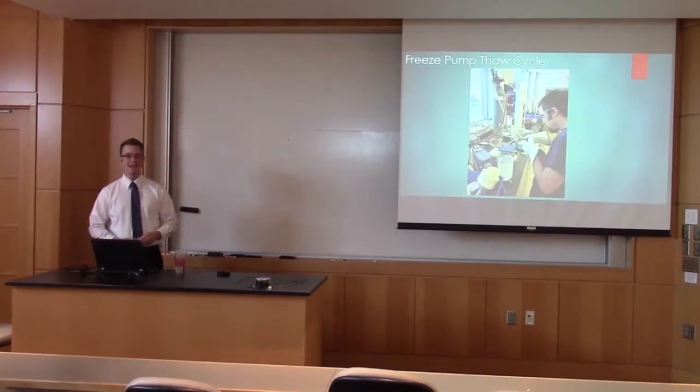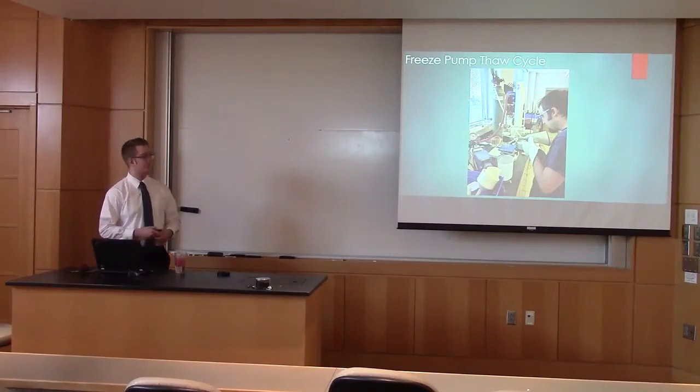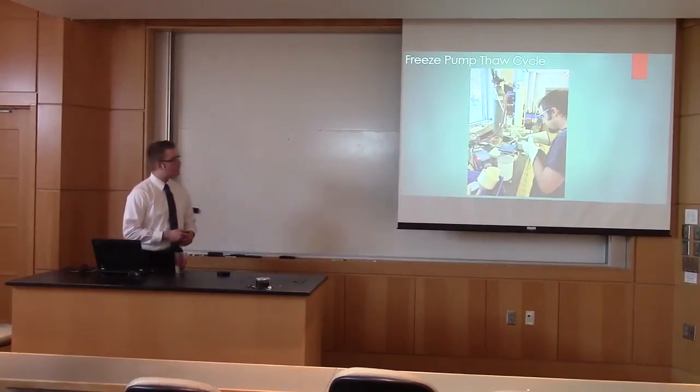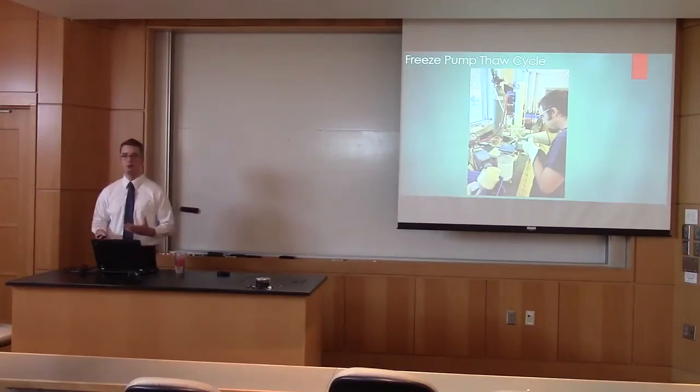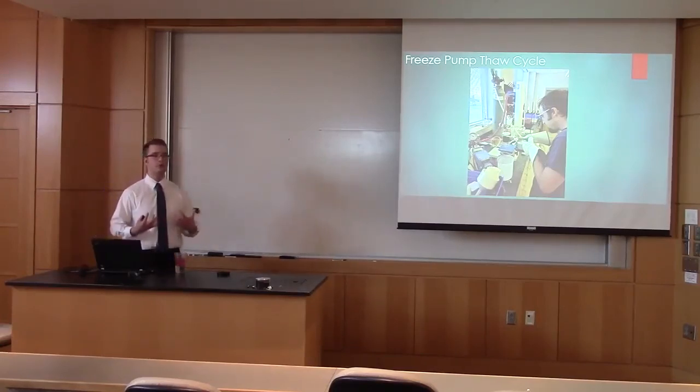Okay, so we have here a freeze pump thaw cycle. This is a step in performing it, right here in the picture. It's kind of hard to see, but we have a tiny little glass tube with a reaction in here. And then what we're doing is putting it into liquid nitrogen, so we're freezing the liquid in the reaction vessel.